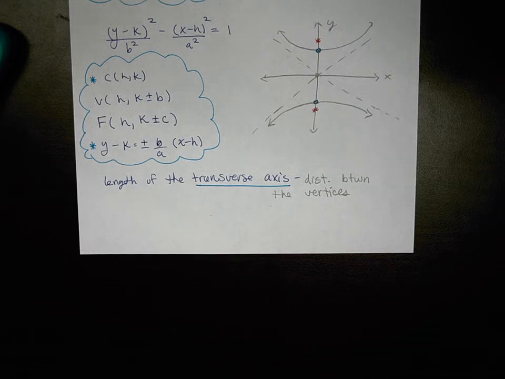So the transverse axis is kind of like what used to be the major axis, right? The distance between the vertices for our ellipses was the major axis. It's not necessarily going to be the major axis here because it could be the smaller one, but it's the distance between the vertices. Whether it's the major or the minor does not matter.